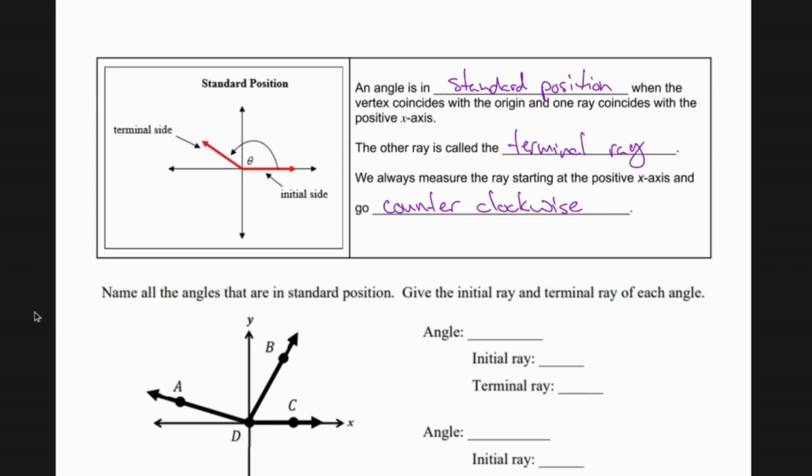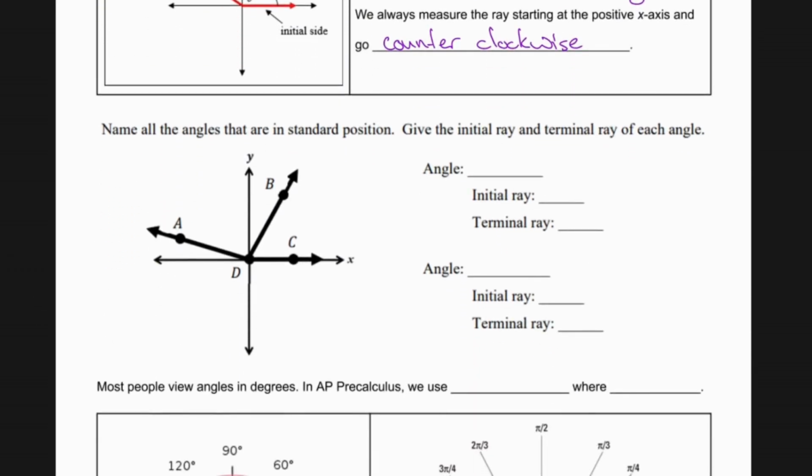So just to get some vocabulary and some understanding in, name all of the angles that are in standard position. Give the initial ray and the terminal ray of each angle. So I can call this angle CDB.